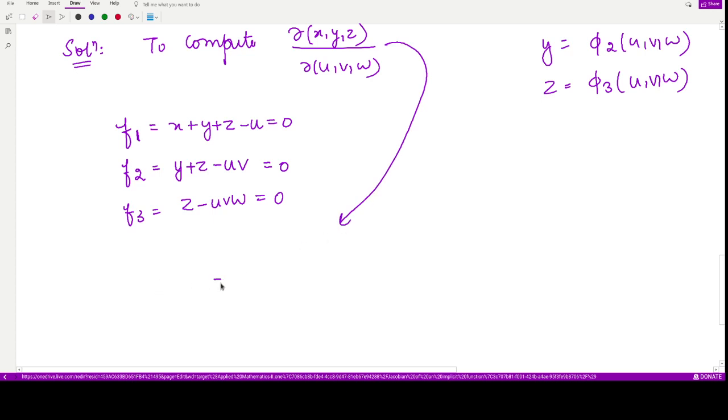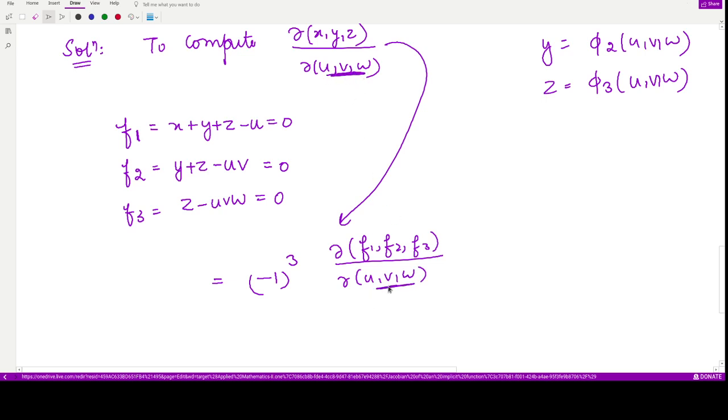This would be equal to minus 1 raised to power 3, using the general formula because we have three variables, and then the Jacobian of the functions f1, f2, f3 with respect to u, v, w. Why? Because these are present in the denominator.